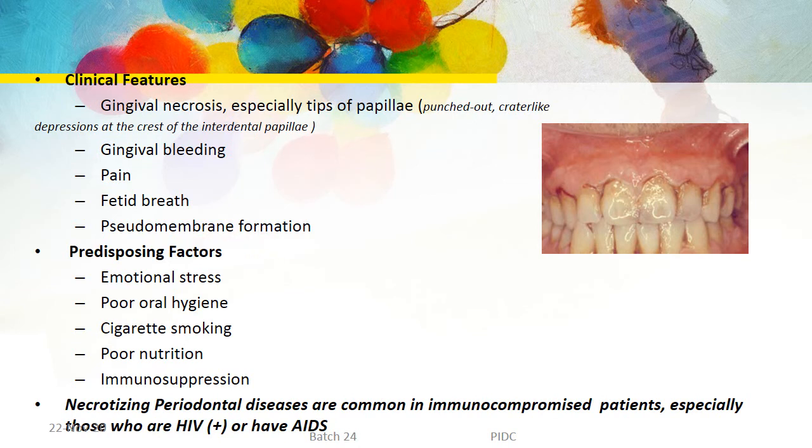Predisposing factors such as emotional stress, poor oral hygiene, cigarette smoking, poor nutrition, and immunosuppression could be involved. Necrotizing periodontal diseases are common in immunocompromised patients, especially those who are HIV positive or have acquired immunodeficiency syndrome.